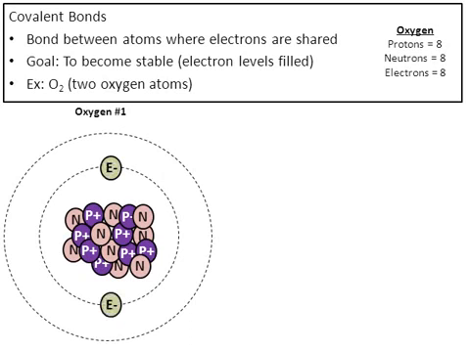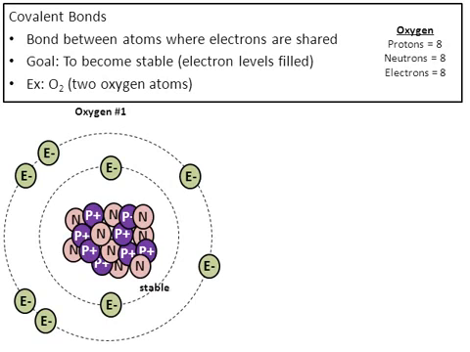So when I draw the electrons, I'll put 2 electrons in level number 1 because that's all level number 1 can carry. Then I'll put the leftover 6 electrons in level number 2. Notice how the first level, the inside level, is stable because it can only hold 2, and it has 2. But the second level is unstable. It can carry 8 electrons, but it only has 6. That's a problem.